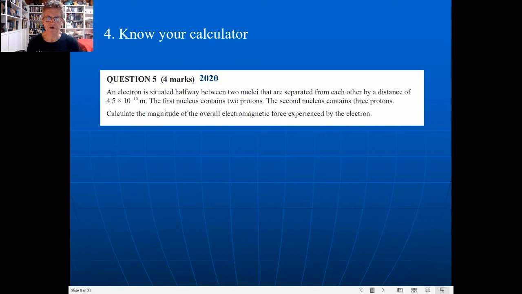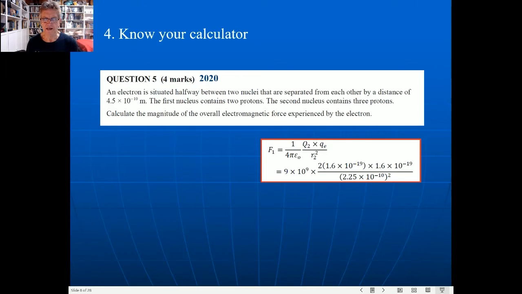So with this question, it's not so important that you understand what the question's about, it's just that the formula looks like that. Okay, so it's just the force between two charges. But what you'll notice is some of these numbers at the bottom here, look, this is the distance apart squared. So when you're trying to enter this in your calculator, often you end up squaring just the last part and not the whole thing. So you've got to watch your brackets. You've got to really understand what you're doing.